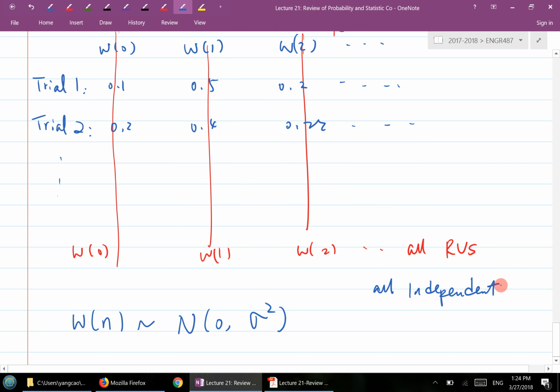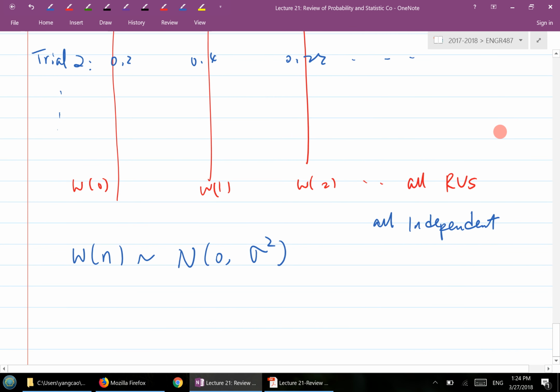So now, if I summarize, this is the overall picture here. If I look at the expected value for any of the random variables here, they're all going to be 0.